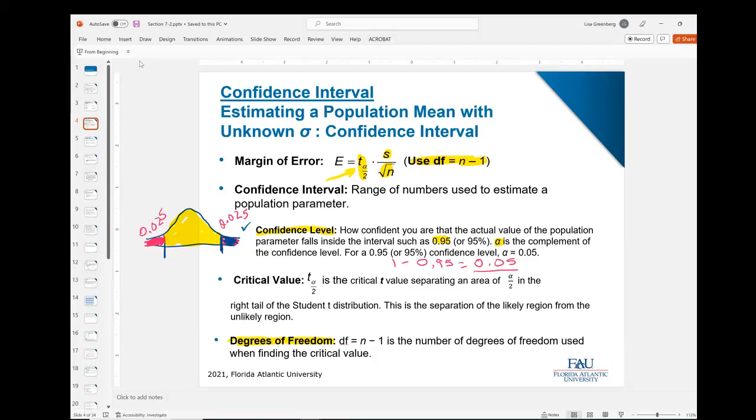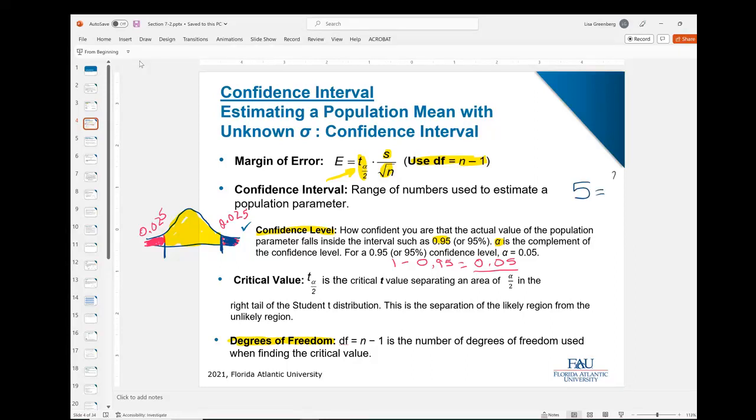Now let's talk about degrees of freedom. So the degrees of freedom is always going to be the sample size minus 1. And what does that mean? So let's say we know that we want to find a mean, okay? So let's say we want the mean to be 5. And we have some numbers.